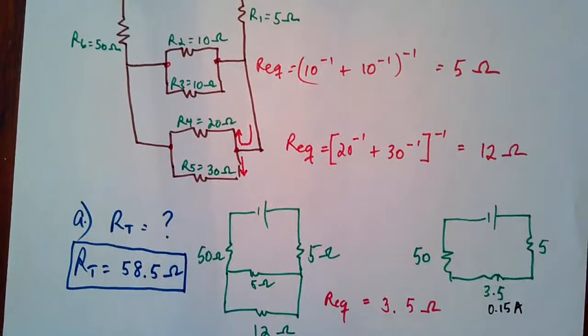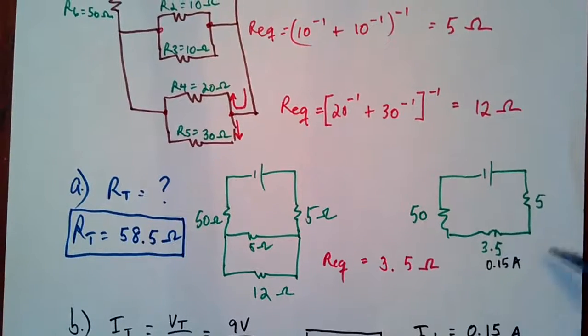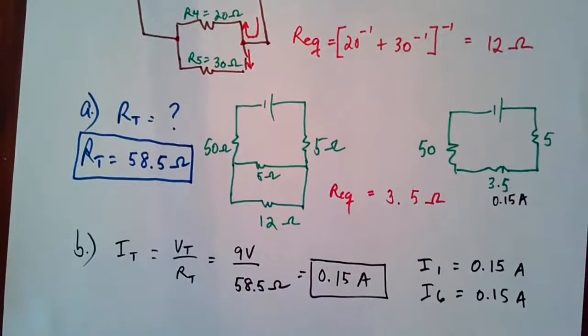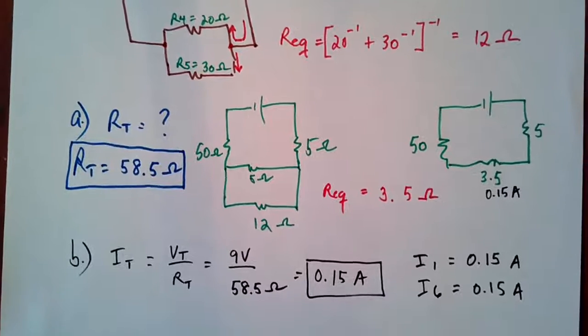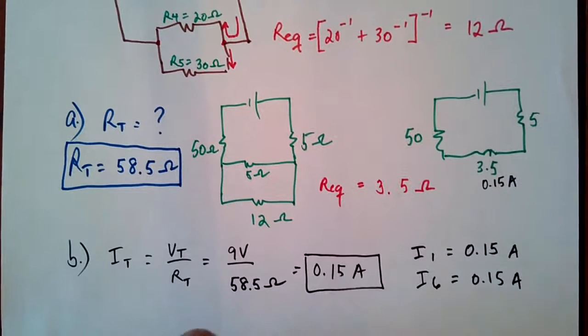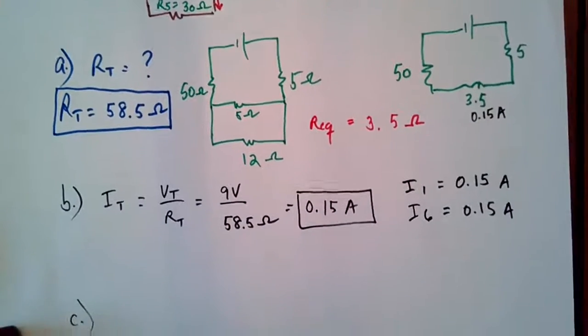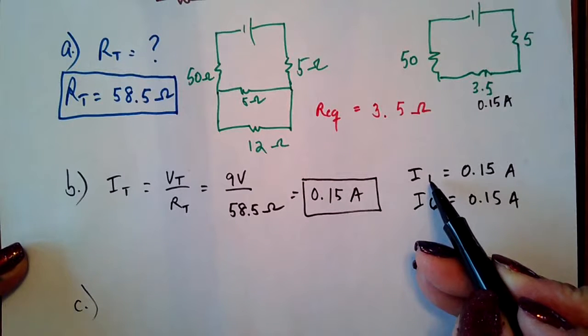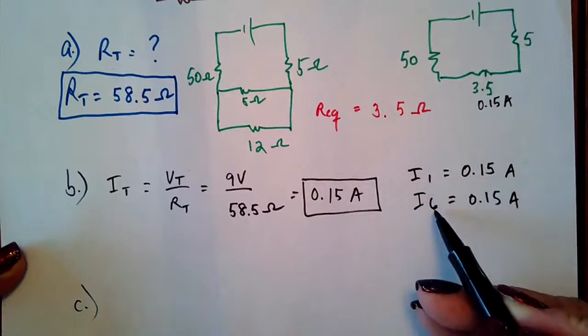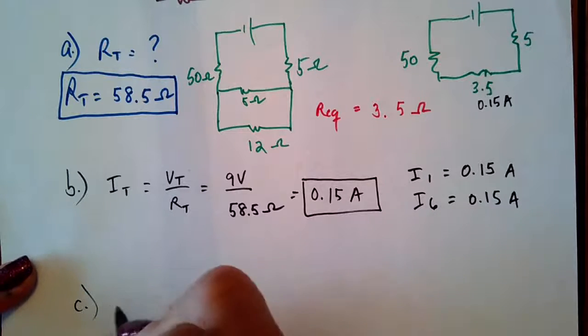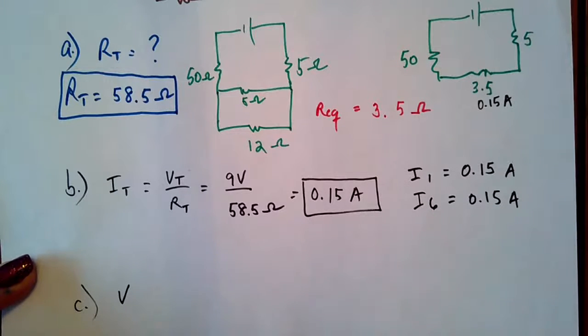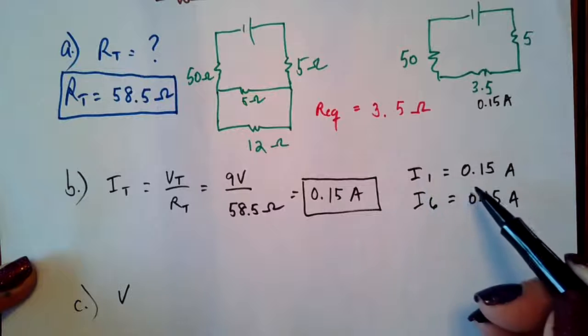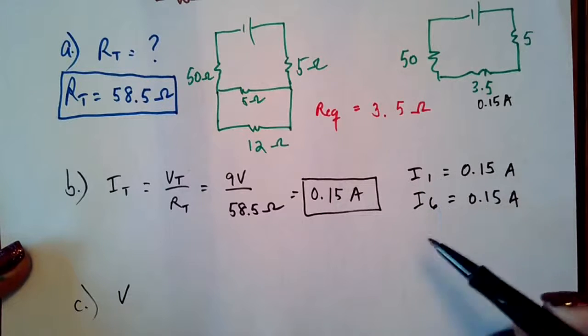So we can now calculate the individual voltages first and then go back and calculate the individual current and finish that off. So I'm going to call this C, and because we now have the I1, R1 is given, and I6 we have, and R6 is given, we can then calculate the individual voltages running through those R1 and R6.